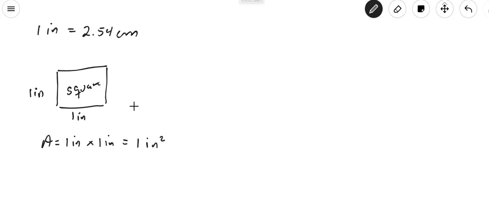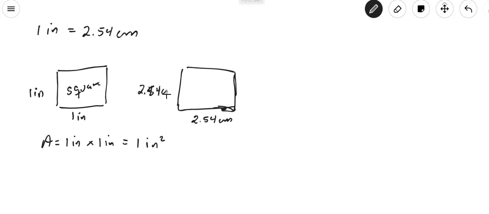Now, if I want to convert this 1 square inch into square centimeters, what I have to do is this. If I have a square of 1 inch by 1 inch, it is the same as a square of 2.54 centimeters by 2.54 centimeters, right? So that 1 square inch, now I will get the equivalent value in square centimeters.